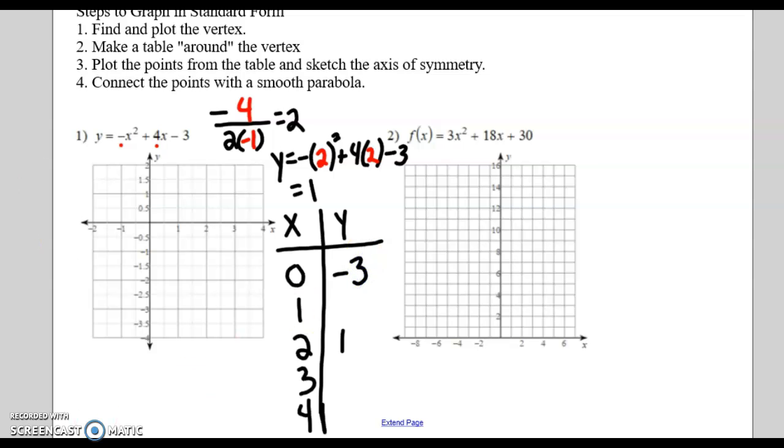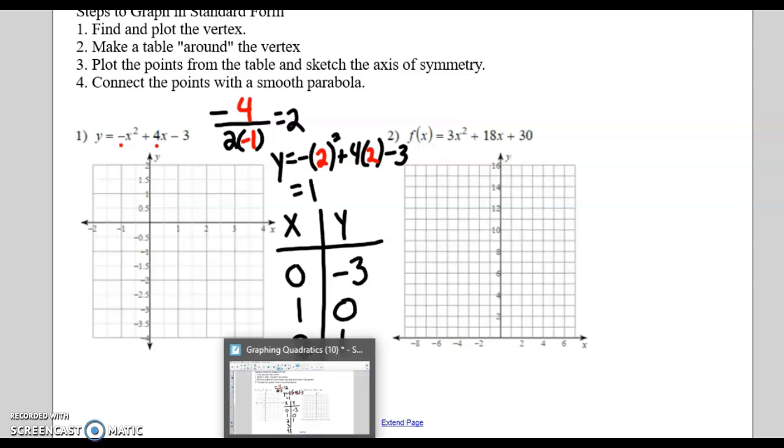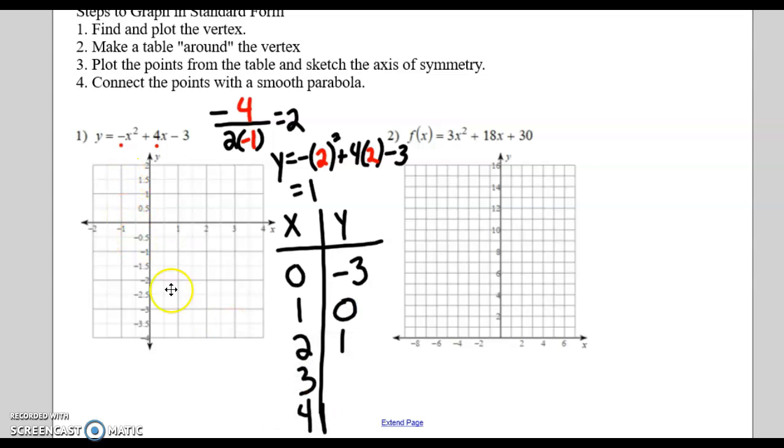If I plug a 1 in, I square the 1, that's 1, make it negative, so negative 1, plus 4 times 1 is 4, so negative 1 plus 4 is 3, and then 3 minus 3 is 0. You can also use a calculator. And the nice thing about these quadratics is they're symmetric around the vertex. So if the points 1 away on the left are at 0 and negative 3, that's going to be the same for the points on the right.